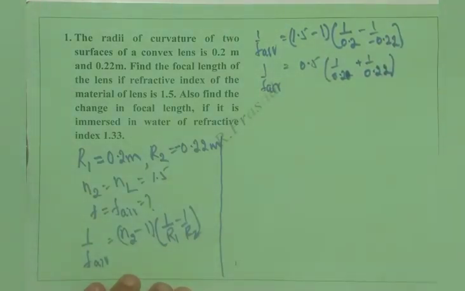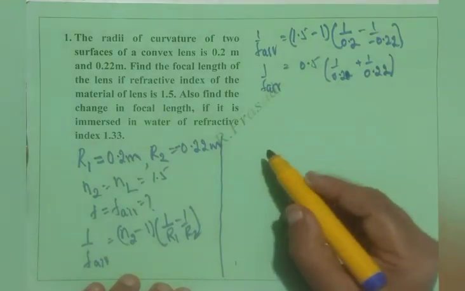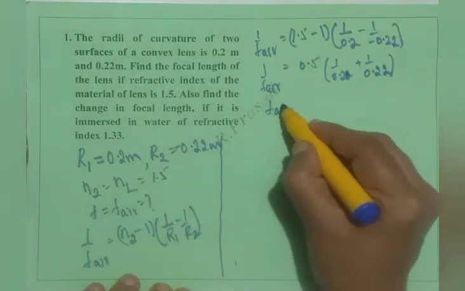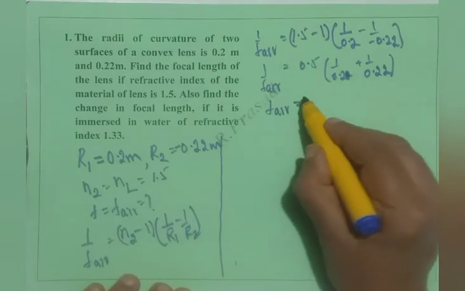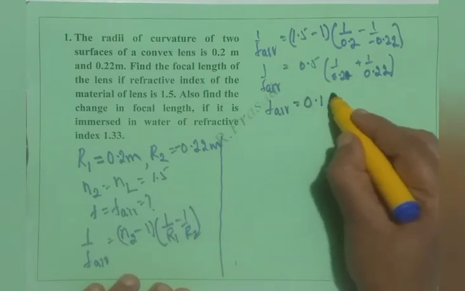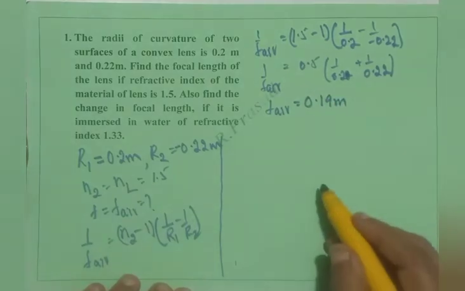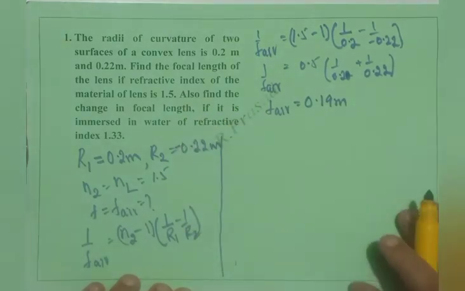After the final calculation, we have F air as 0.19 meters. This is the first answer for this problem.